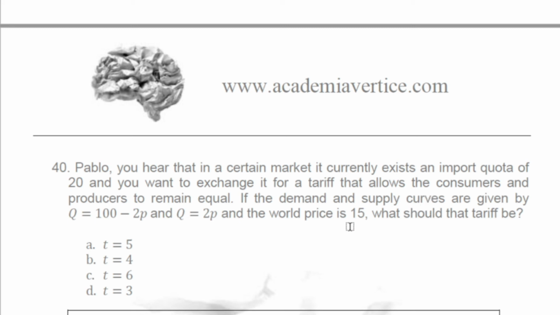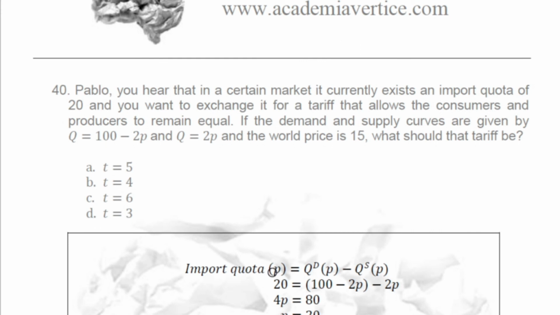Let's calculate the situation with the import quota. The import quota is 20, so the quantity imported will be 20. It is the difference between the demand at a certain price and the supply of domestic producers at that price.